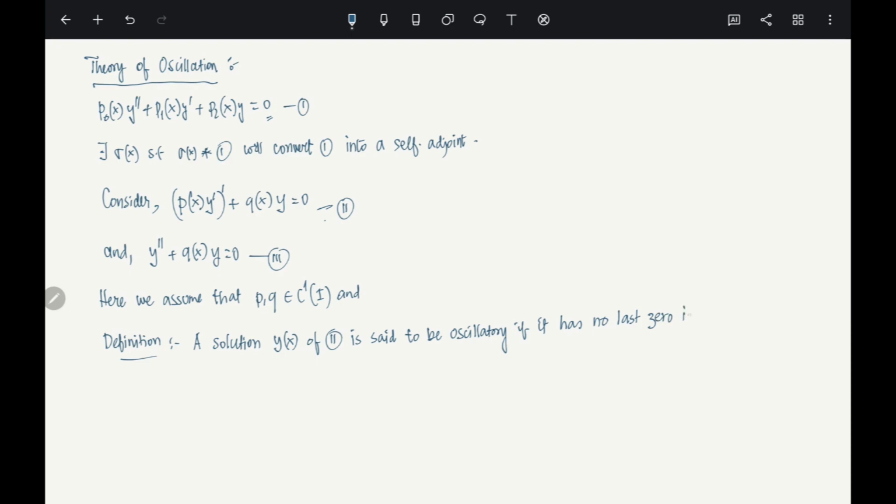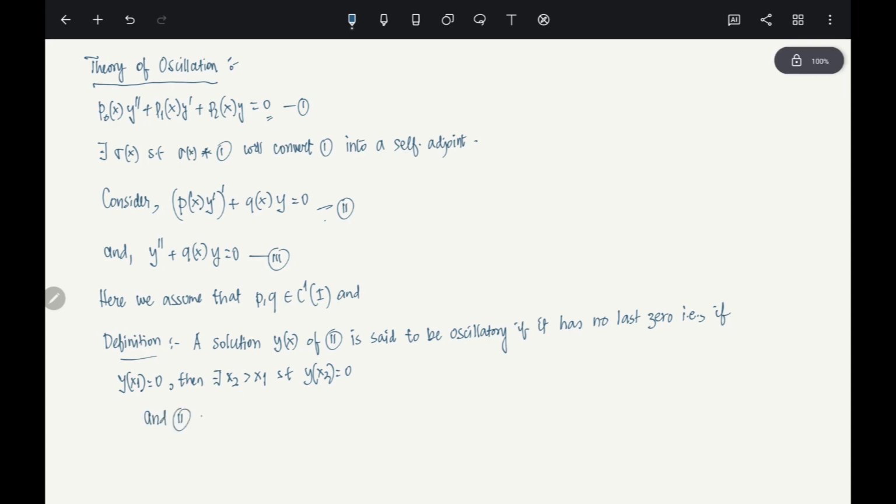That is, if you can find an x1 such that y(x1) is 0, then there exists an x2 greater than x1 such that y(x2) will also be 0. So this is when we call the solution an oscillatory solution.